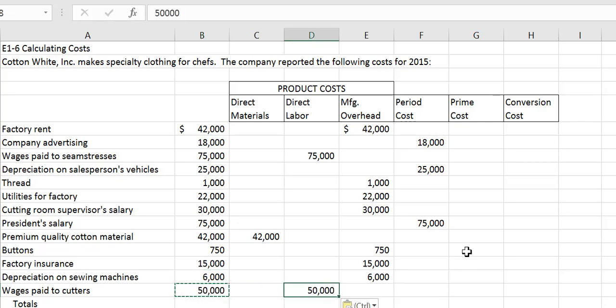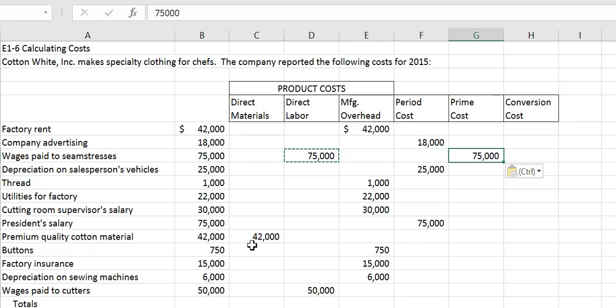Okay, now we've got prime costs. Again, that is simply direct materials plus direct labor. So here's a prime cost, this $75,000. This $42,000 is a prime cost. And this $50,000.